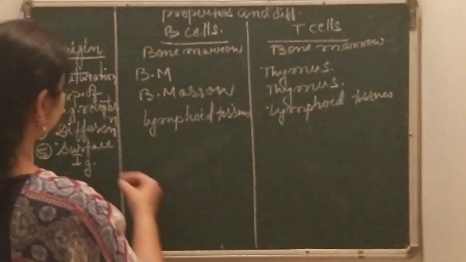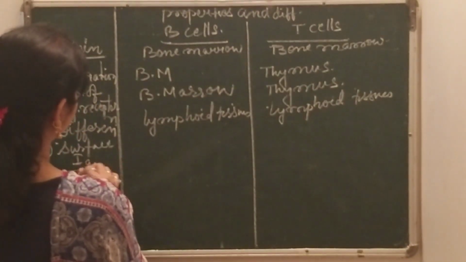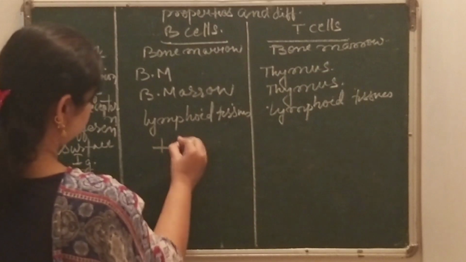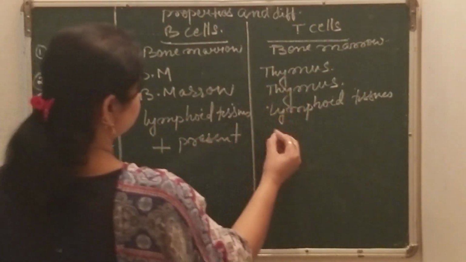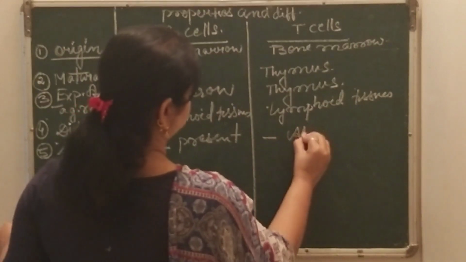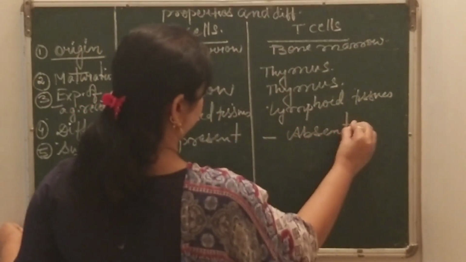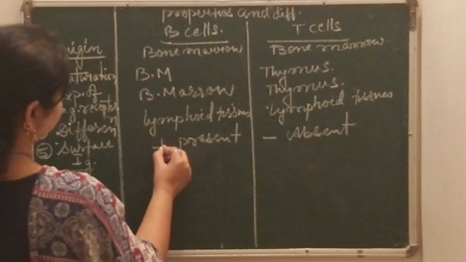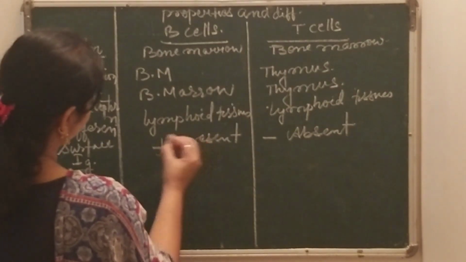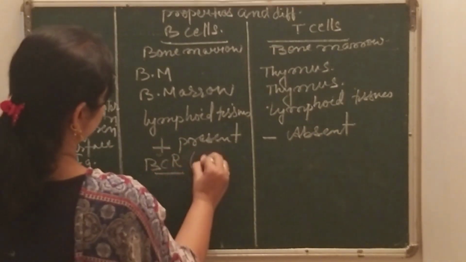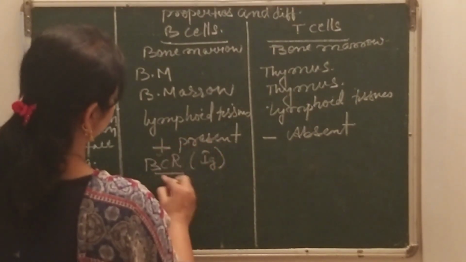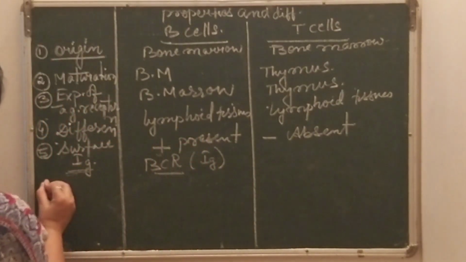In case of B cells, the surface immunoglobulin is present, and in T cells it is absent. In case of B cells, where it is present, it is known as B cell receptors. So, immunoglobulins are those B cell receptors.